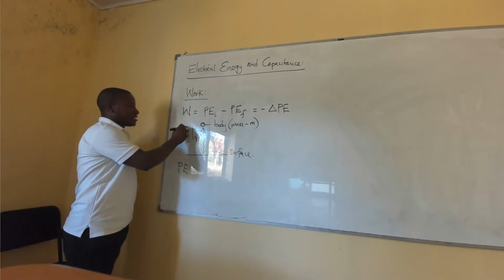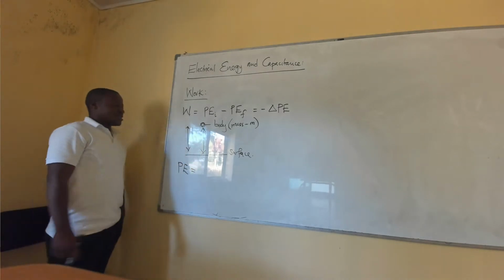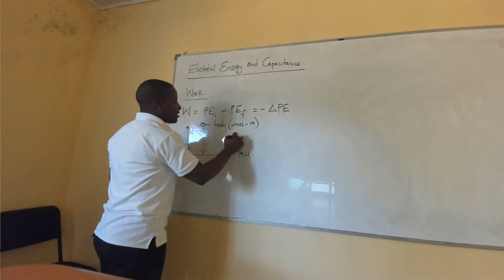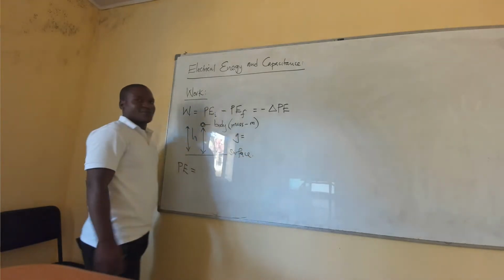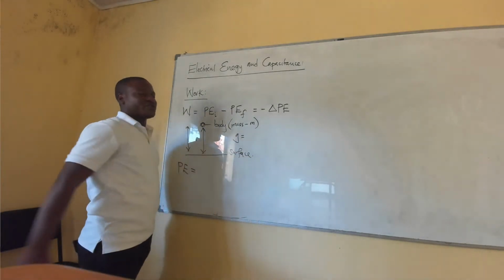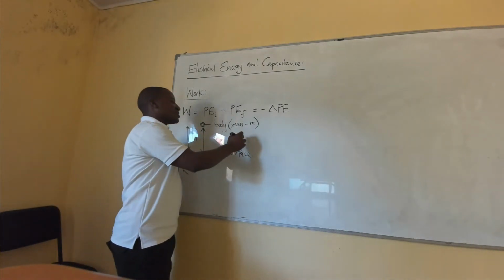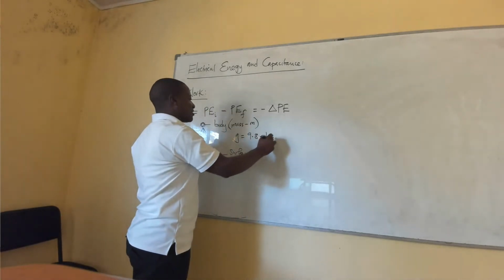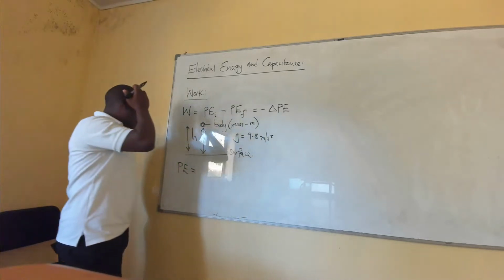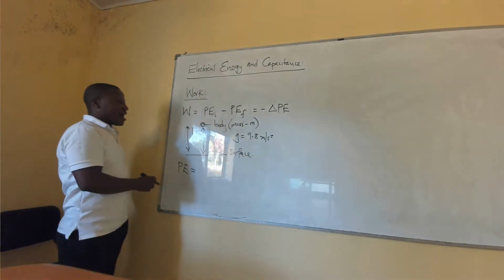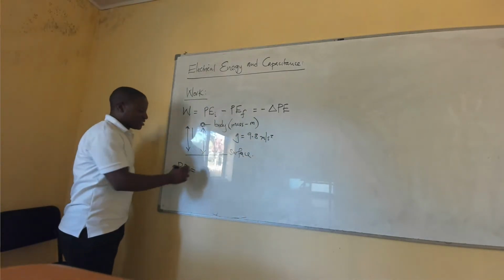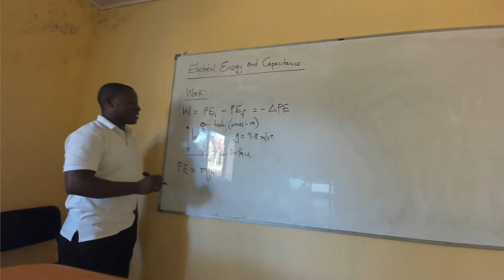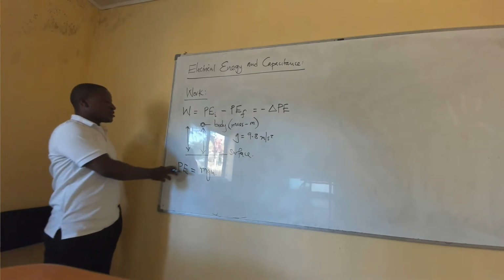The g is the acceleration due to gravity. In most cases, this value is going to be given in the exam, which is 9.8 meters per second squared. So this potential energy will read as mgh.